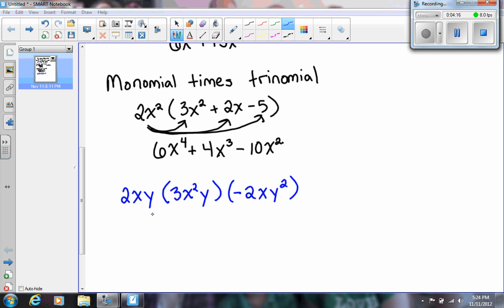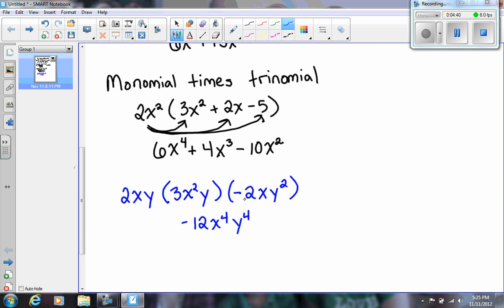So if I were multiplying this example, I would just multiply 2 times 3 times negative 2, which would give me 2 times 3 is 6, times negative 2 is negative 12. Then I would do the exponent rules. So x times x squared times x gives me x to the 4th. And y times y squared gives me y to the 4th.